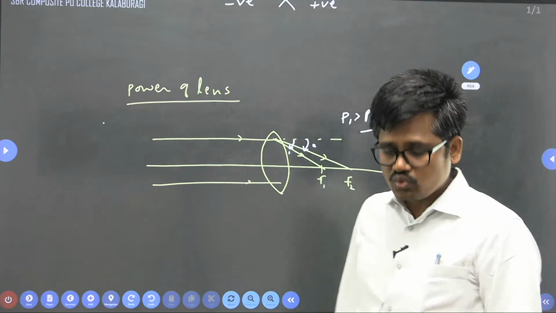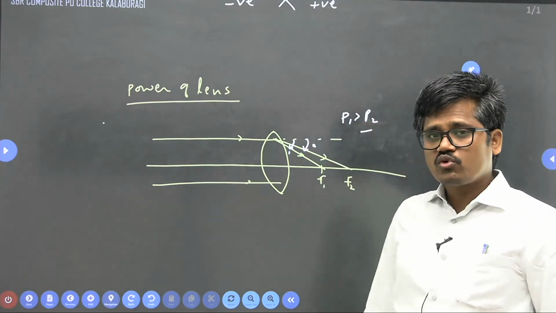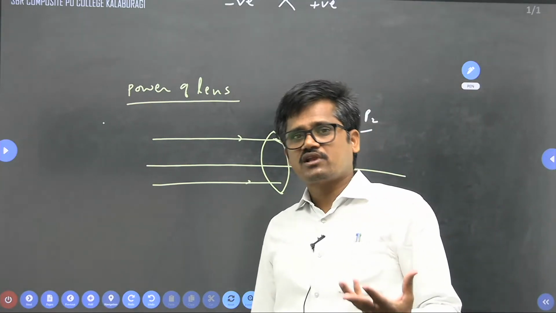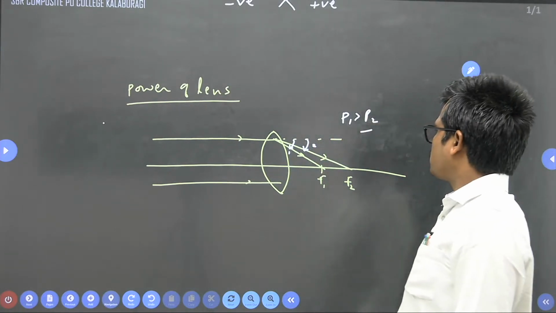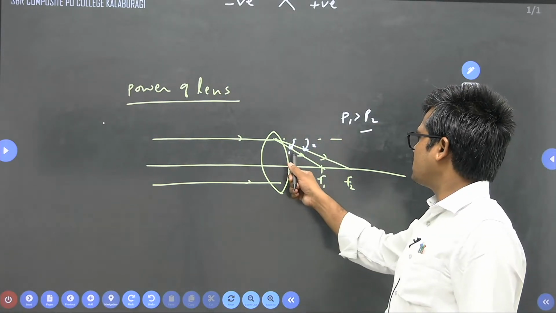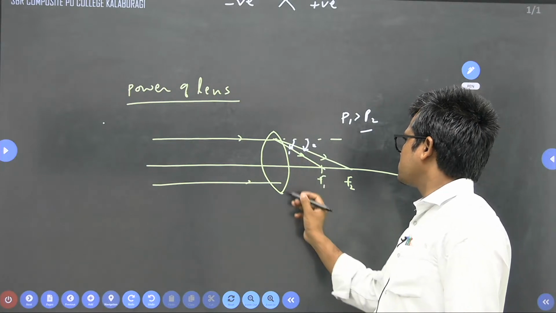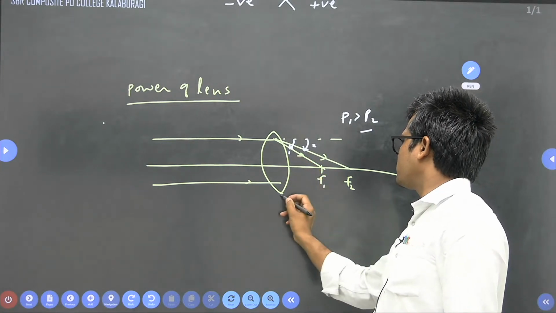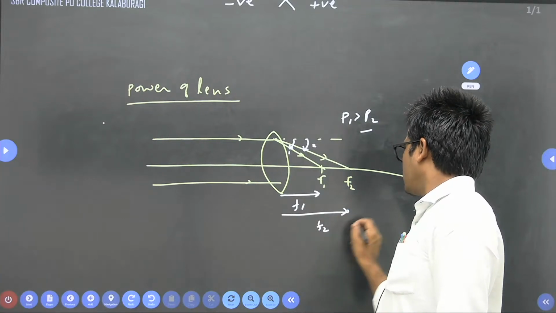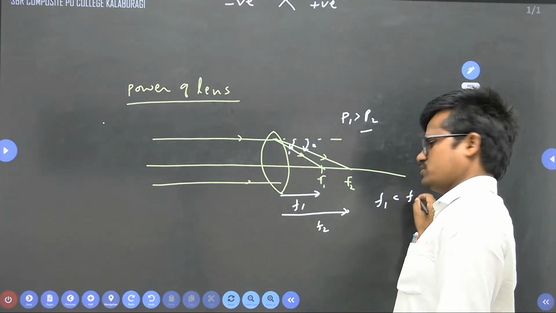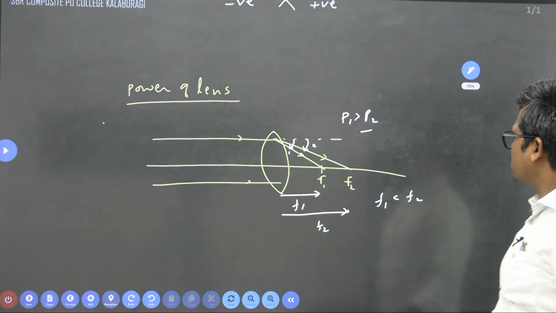What is the power here? It is the ability of that lens to converge or diverge the incident light ray. I told you the power of lens 1 is more than the power of lens 2. If the power is more for lens 1, then the focal length f1 is less than f2.